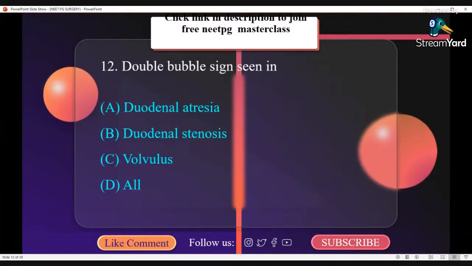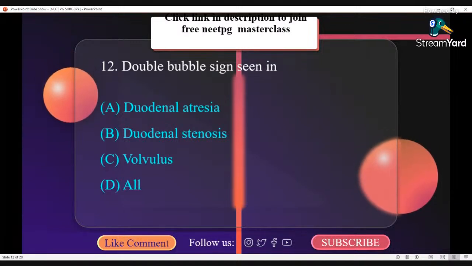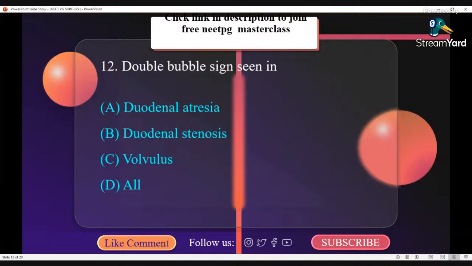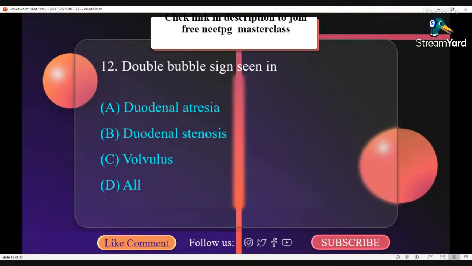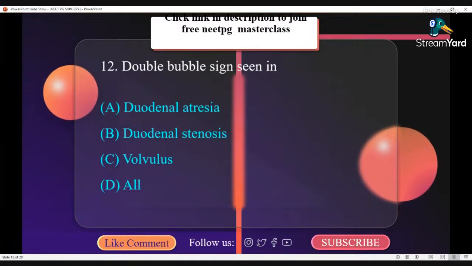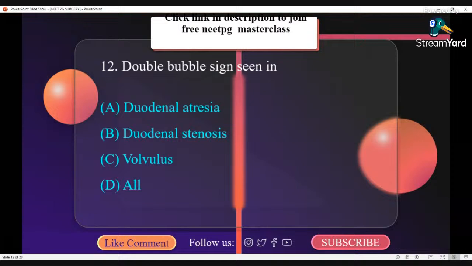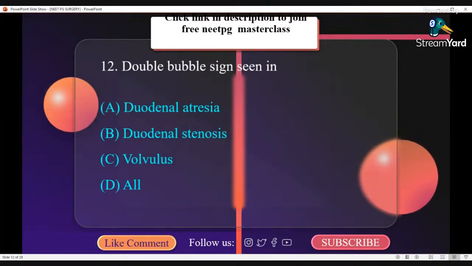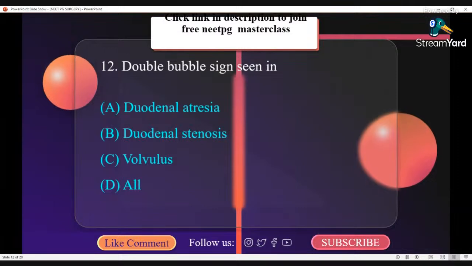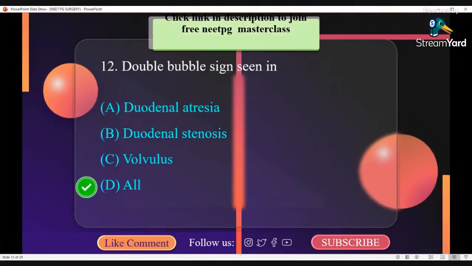Other causes of double bubble sign are duodenal web, duodenal atresia, duodenal stenosis, annular pancreas, midgut volvulus. Other causes are choledochal cyst, mesenteric duplication cyst, preduodenal portal vein, retroperitoneal tumor, superior mesenteric artery syndrome. So the correct option here is D, all the above.